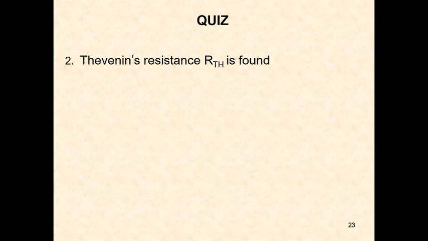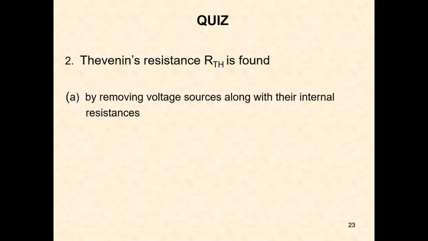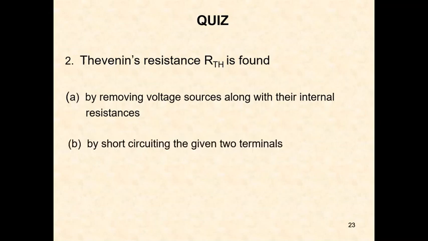The second question. Thevenin resistance RTH is formed by removing voltage sources along with their internal resistances and by short circuiting the given two terminals, or between any two terminals. Check that and give the answer.